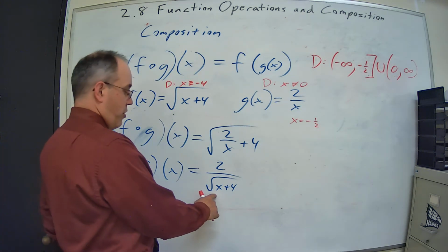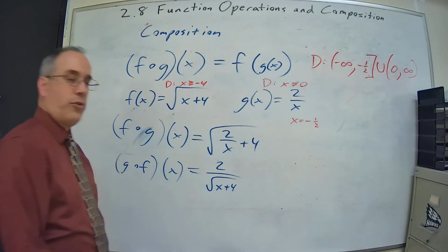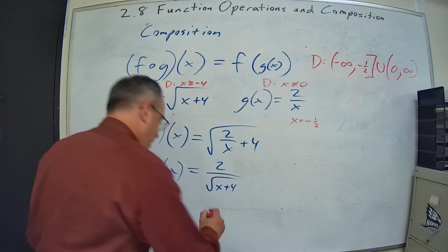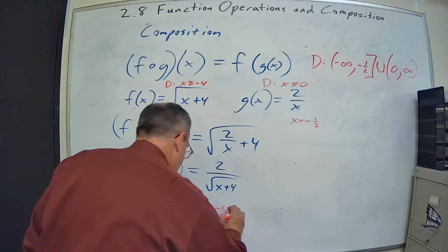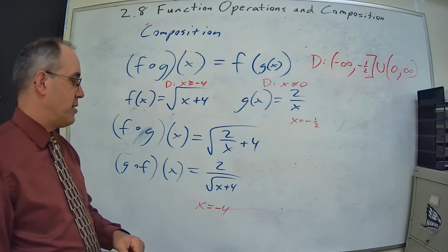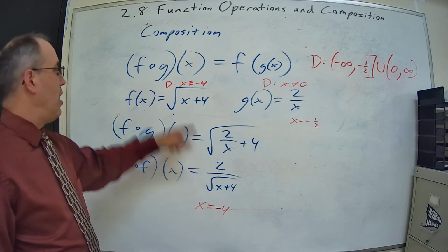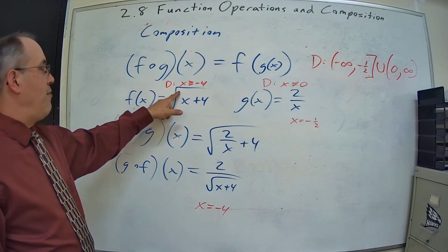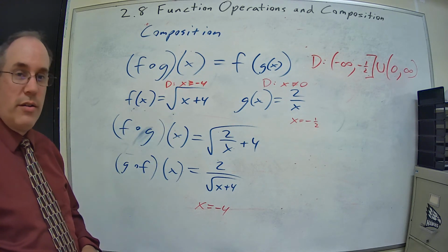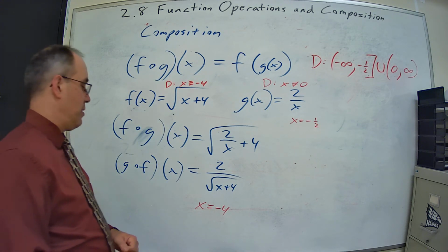And how is the square root of x plus 4 equal to 0? Well, when x is equal to negative 4, so I can't allow x to be equal to negative 4. That's the limitation put in place by g of x. And remember, the limitation on f of x is that x can't be less than negative 4.